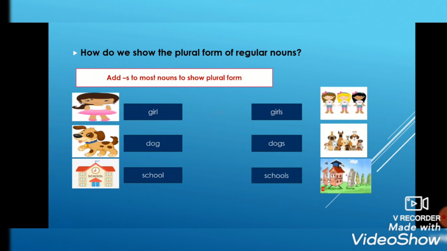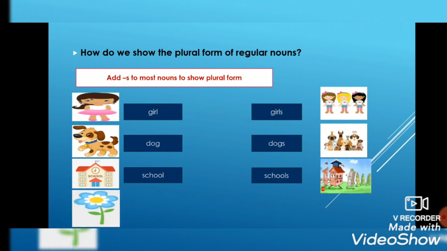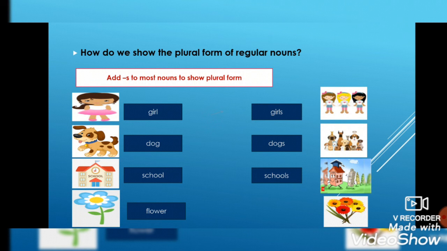Schools is the plural form of the noun. In the last picture, we can see a flower. So flower is a singular noun and the plural form of flower is flowers. We add s to the noun. So the first rule is add s to most nouns to show their plural forms.